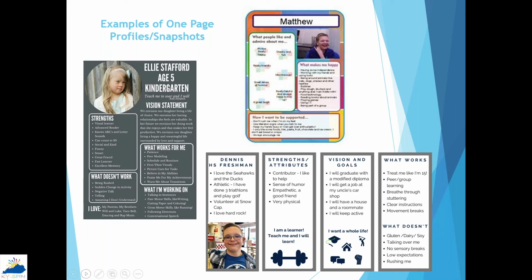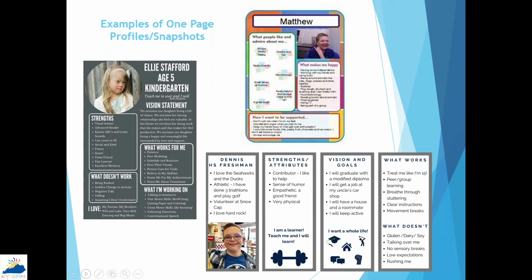The one on Matthew up here, it's kind of blurry. You can't really see it too well, but you can get the concept of what is going on about Matthew. I think that's real important. Same key components are in that one too. And then the one on the bottom there is for a young man named Dennis, who's a high school freshman. And then he's got kind of the same thing.